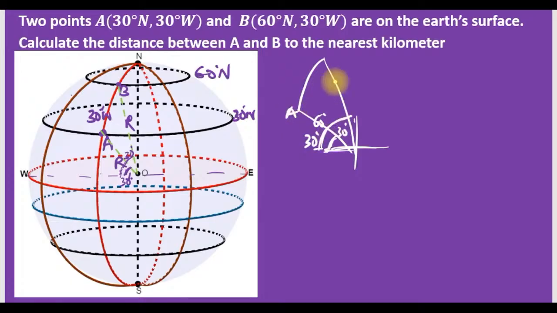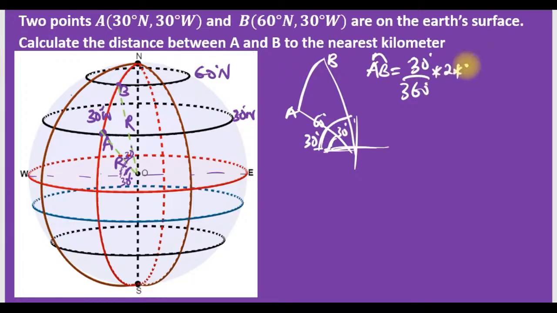This is A and this is B, and we are to find this. Using our formula for length of arc, AB is, the angle is the difference, 60 minus 30, that's 30 degrees over 360 times 2 pi r.